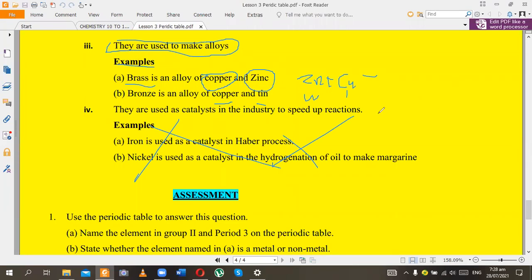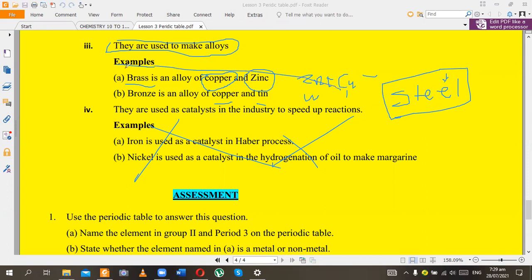The alloys. I have to talk about steel, not steel Yakub. Stealing money from people, no. Remember, there's a double E here. So steel is also an alloy. Now there are quite a lot of types of steels. There's stainless steel, there's mild steel.